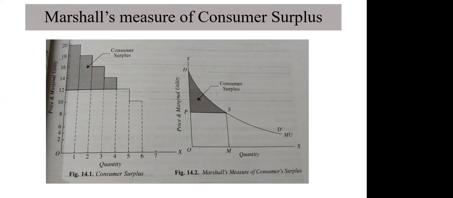Suppose luxury goods, it may happen like that. They don't know the exact amount, but they know there is a high amount of consumer surplus, extra satisfaction enjoyed by the consumer. So they will put more taxation on those goods with higher consumer surplus.